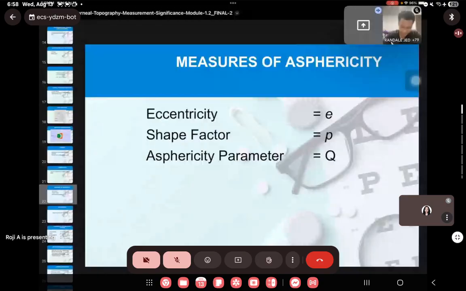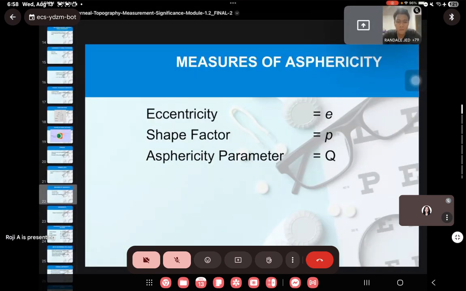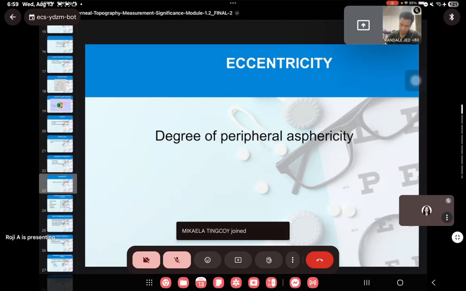Measures of asphericity. Whenever we say asphericity, it means it's not following that sphere. That's why it's aspheric, because we know the amount of flattening, because it really does flatten peripherally. So that's what you call eccentricity value plus the shape factor and the asphericity parameter.